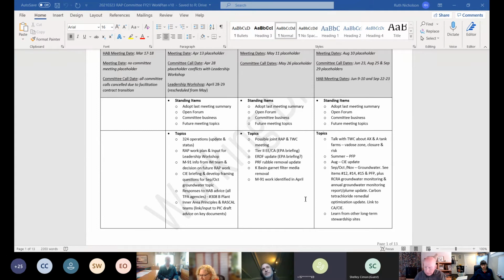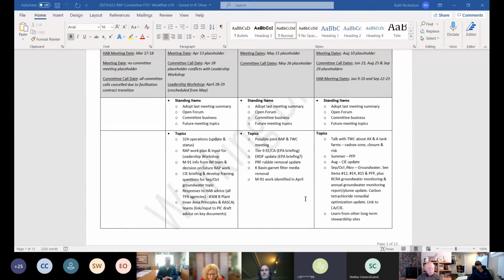In the interest of sharing thoughts and concerns about RAP-related cleanup issues, I know the HAB has a current IM team working on Hanford end states, meaning not end state contracting, but end states for Hanford cleanup.